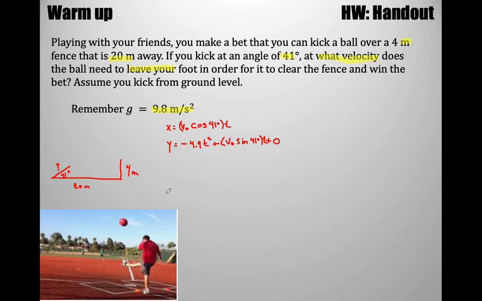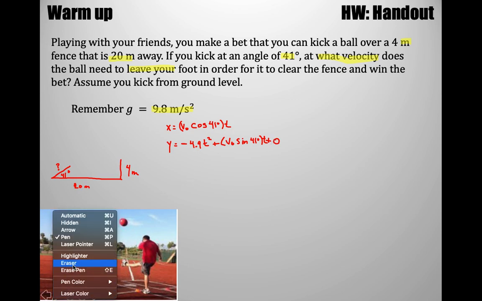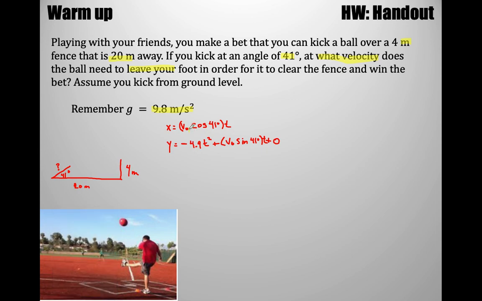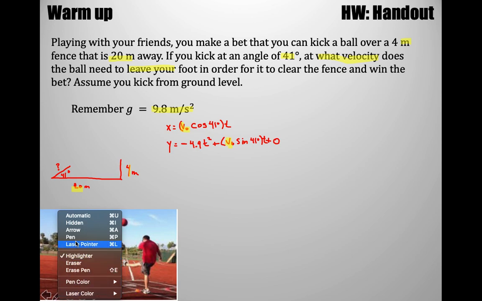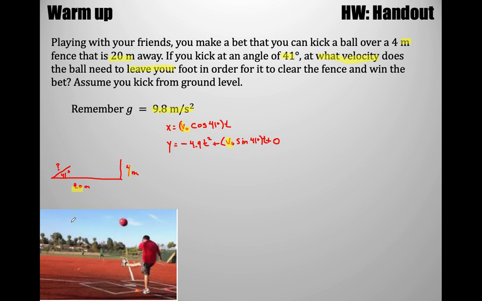So I know that they are asking me for this initial velocity. That's what I'm trying to find. What else did they give me though? I've used my 4 and my 20 in my picture. So 20, I do want the ball to end up here, clearing, whatever path it ends up following.